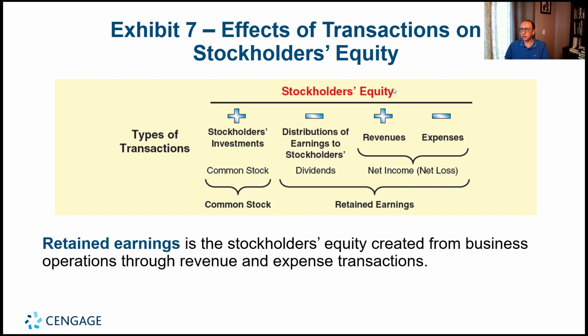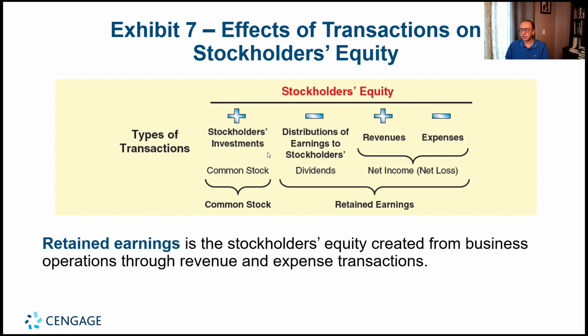So stockholders' equity, to summarize, consists of two things. Common stock, which is the contribution of the shareholders, and then retained earnings, which is the net income that was kept in the business after making all the distributions. Both of these put together, we call the stockholders' equity. So the two main components of stockholders' equity are common stock and retained earnings.